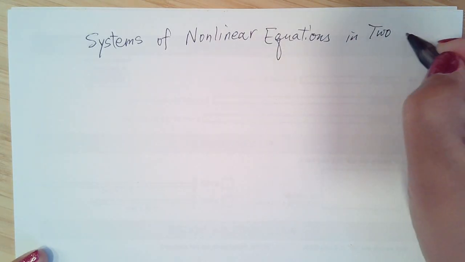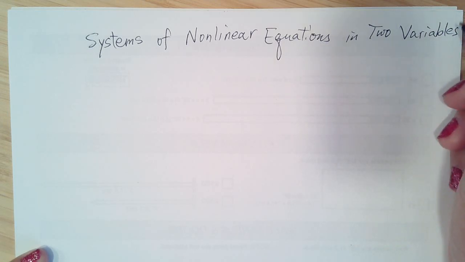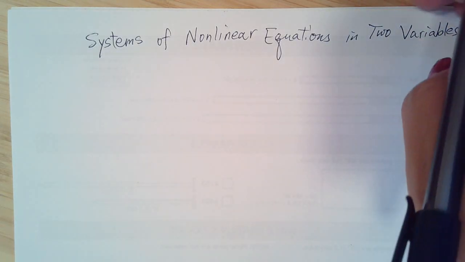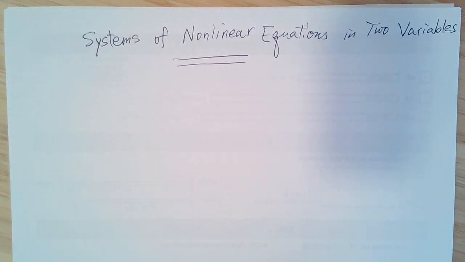There are a lot. We only deal with two variables for today. And this is the keyword, nonlinear. There are so many nonlinear equations. If you have y equals mx plus b, that's a very typical linear equation.